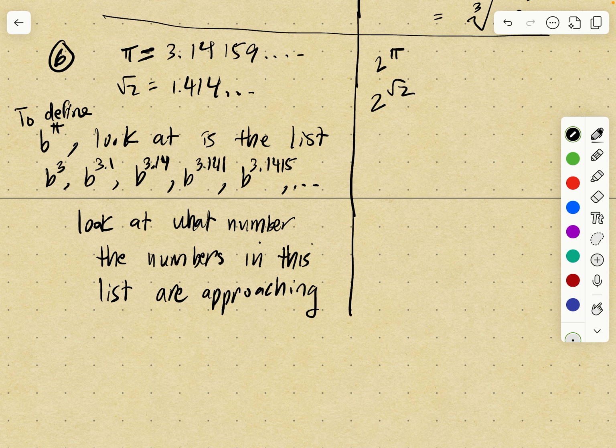So for instance, if you look at 2 to the pi, to define 2 to the pi, you look at 2 to the 3.1415, and then 2 to the 3.14151, and that's going to give you some number. And you just keep looking at what number these numbers are approaching.